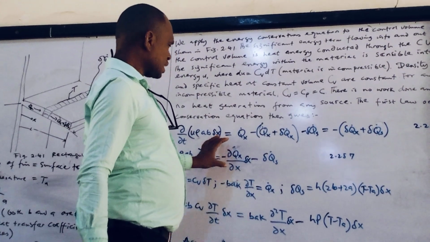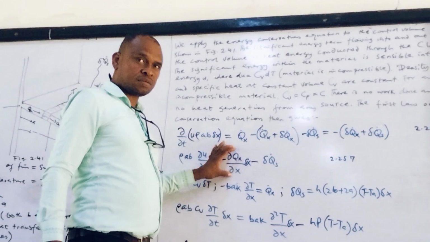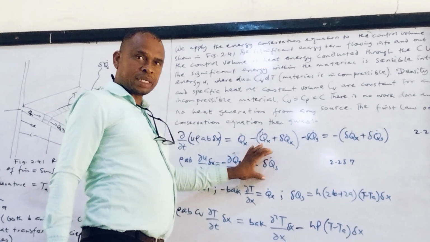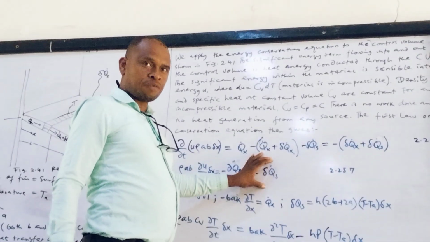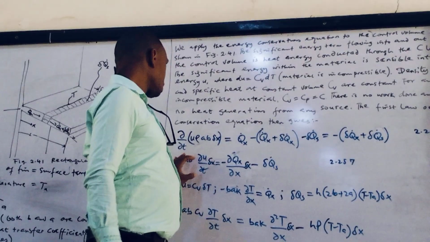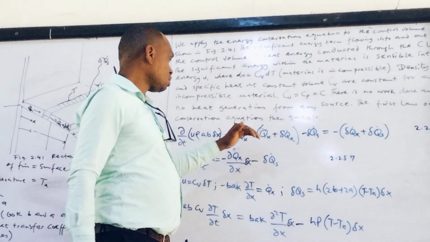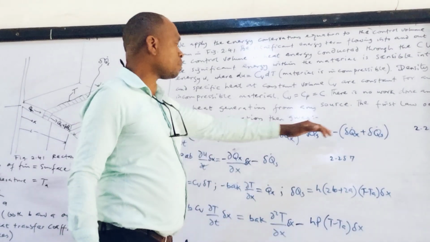As the change in x tends to 0 here, you find out that this is a partial derivative. And this remains infinitesimal Qx. Of course, you know that it's infinitesimal, infinitesimal this, infinitesimal that.